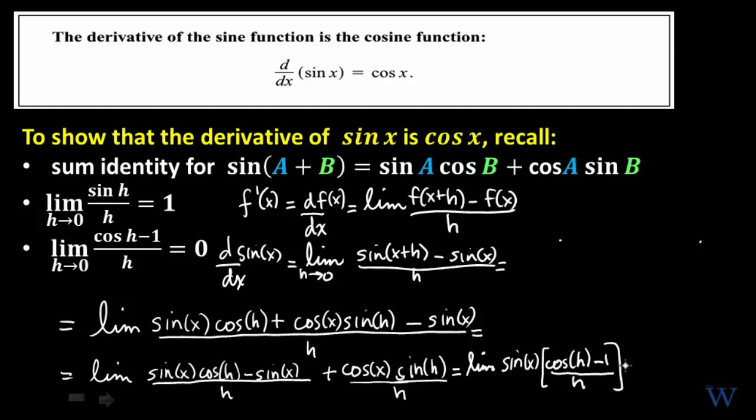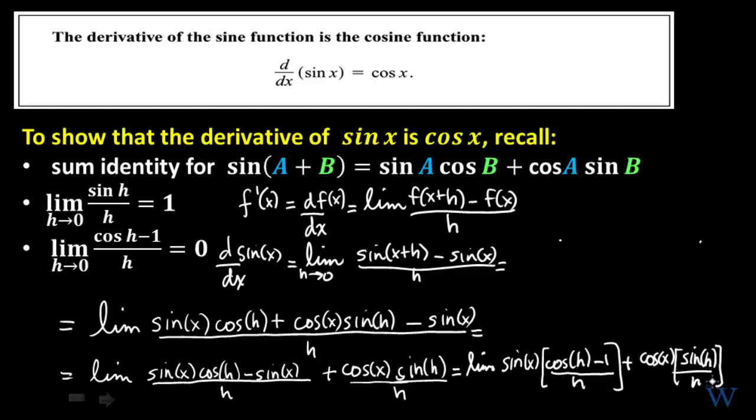Then plus, we've got cosine of x, and you multiply that by, I'm going to separate it that way, it'll be obvious, sine of h over h.